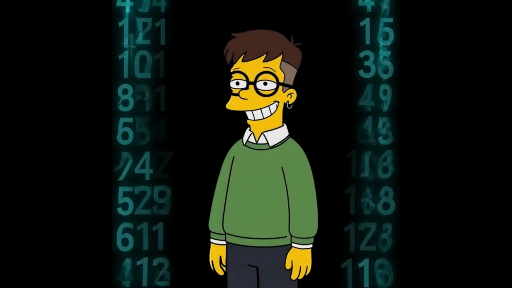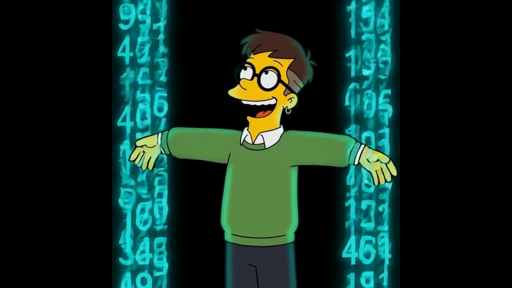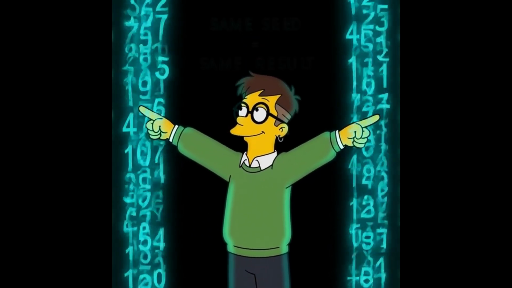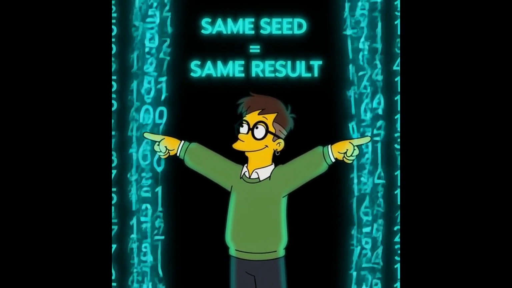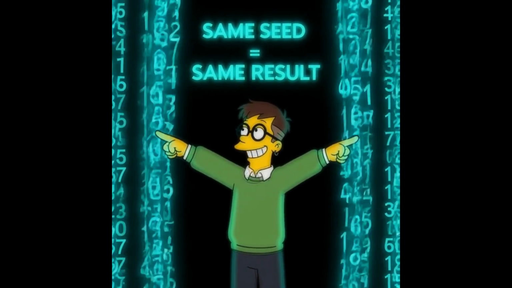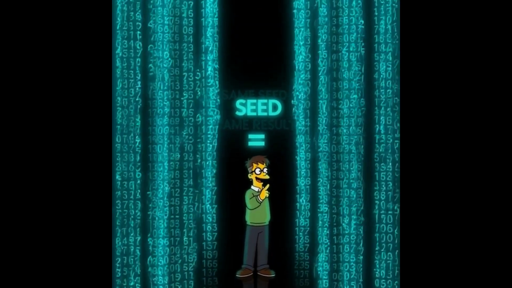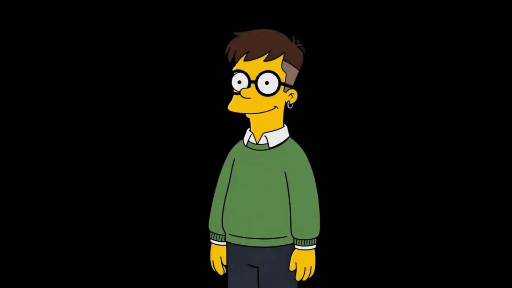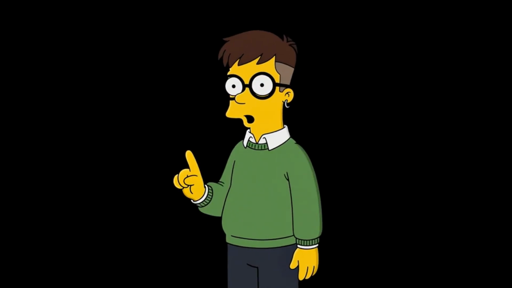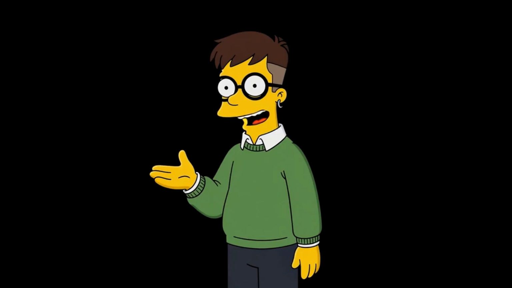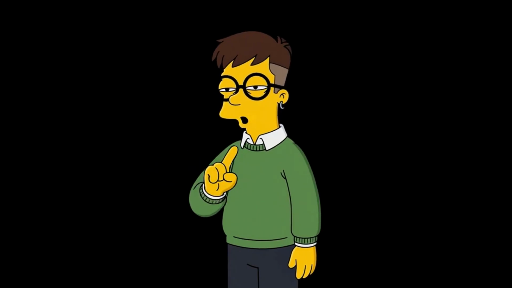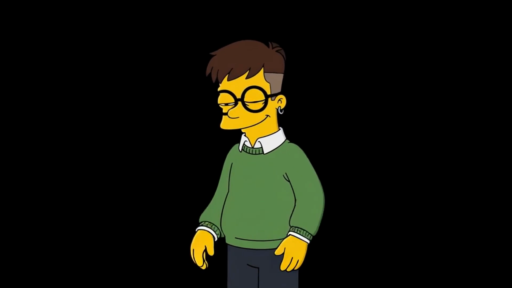To convert an integer x sub i into a number between 0 and 1, we simply divide by the modulus. R sub i equals x sub i divided by m. This gives us R sub i in the open interval from 0 to 1. These R sub i values are approximately uniformly distributed on the interval 0 to 1.